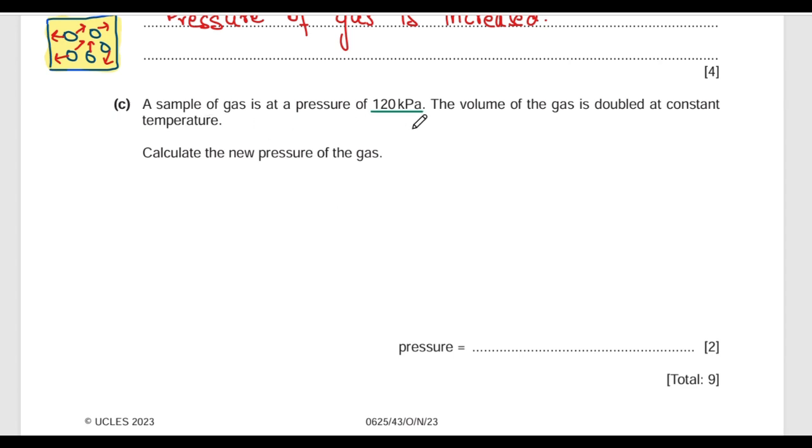Next question says a sample of gas is at pressure 120 kilopascal. The volume is doubled. That means the initial volume was V and then the volume becomes 2V. At constant temperature, calculate the new pressure of the gas. Whenever you see the term constant temperature, you can use Boyle's law.